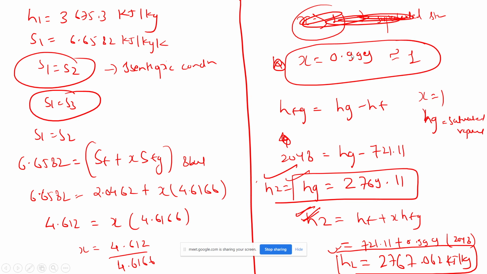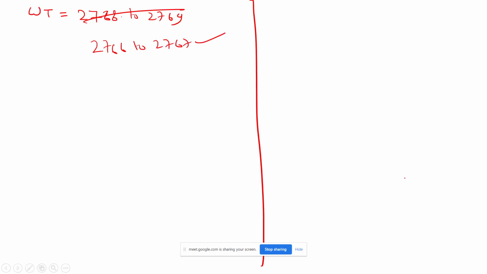If someone has taken 0.999, closer to 1, and directly takes the Hg value, it will become wrong. Although your value is almost equivalent, when they ask for turbine work, assume it as wet steam only and take this value. In case of efficiency, it won't affect much, because we are taking the ratio.